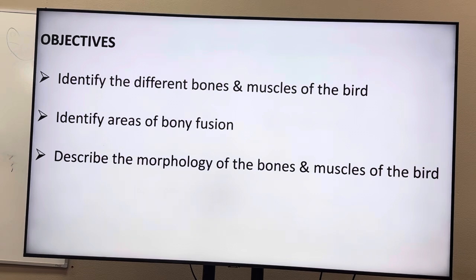So we are not going to go into so much detail at this level, discussing different structures within the bones. Our focus here will basically be those bony structures that have, to a large extent, variation when we compare with that of mammals. And the key areas of variation are usually areas where you have fusion occurring within bones.